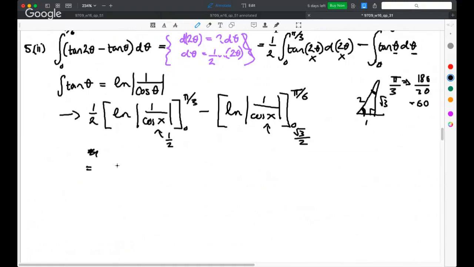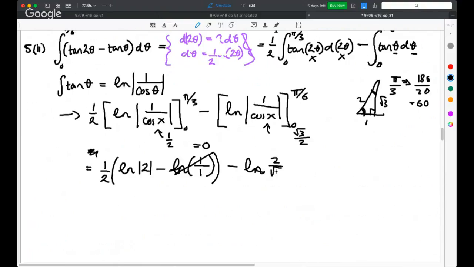Okay. So in this case, let's evaluate it: 1/2 times the natural log of 1 over 1/2, absolute value, which is just the natural log of 2, minus the natural log of 1 divided by the cosine of 0, which is 1. It's the natural log of 1, which is 0. Minus the natural log of the absolute value, but let's throw that away because we haven't got any minuses here, 2 over square root 3, plus natural log of 1, again, is equal to 0.